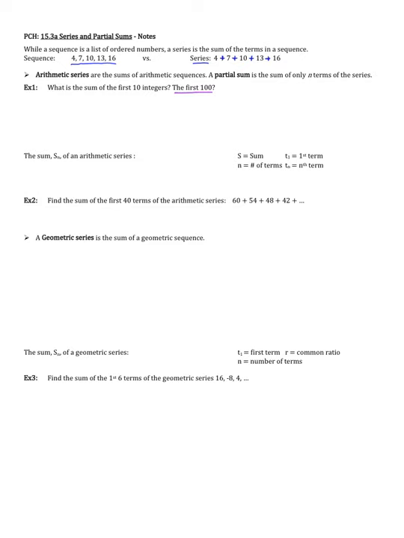So if I want to find the sum of the first 100 terms, I'm going to start to list them out. Obviously, I'm not going to write all of them. And then we'll pick up with, let's say, 96, 97, 98, 99, and 100. Now that's a lot of work if we want to add all those numbers together. So we want to find a nice shortcut.